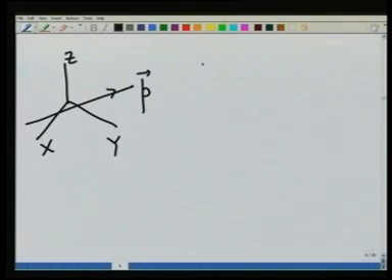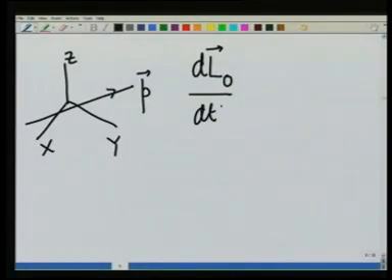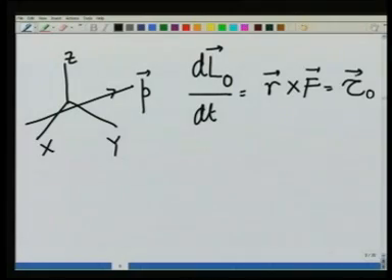So, what I have derived for you is that, given a particle moving, the change in its angular momentum, which I always denote with this O, emphasizing the fact that angular momentum is a quantity that depends on the origin, is equal to r cross F, or the torque about O. Notice, while deriving this, I used the fact that F equals ma, that is force equals mass times acceleration, or the second law.